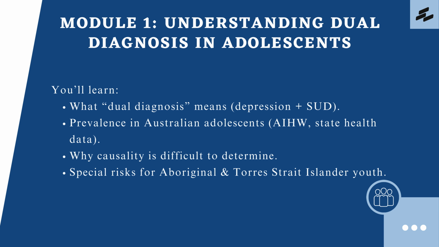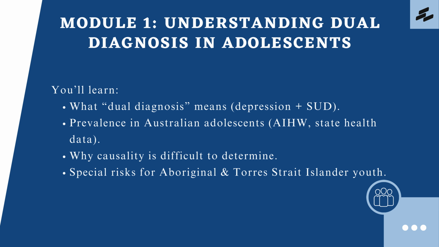Module 1. Understanding Dual Diagnosis in Adolescence. In this module, we begin by defining what dual diagnosis means, the co-occurrence of depression and a substance use disorder. We will examine the prevalence of dual diagnosis among Australian adolescents, drawing on data from the Australian Institute of Health and Welfare and state health reports.